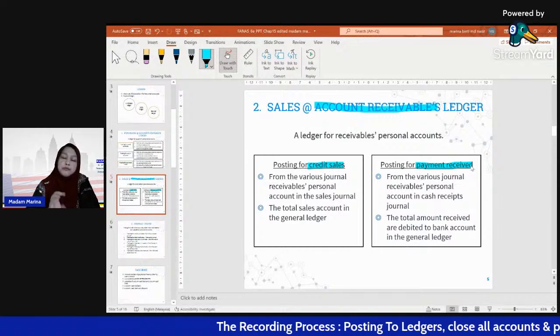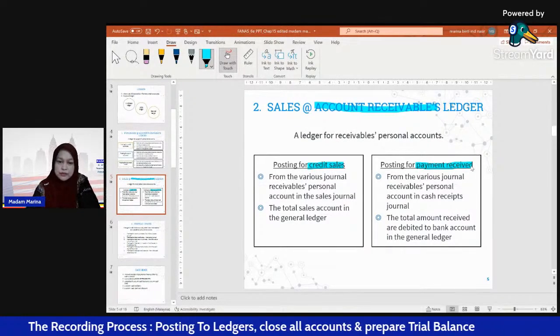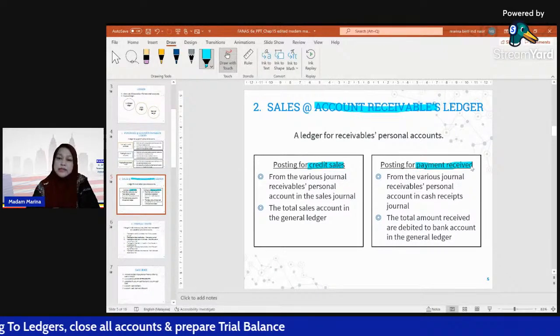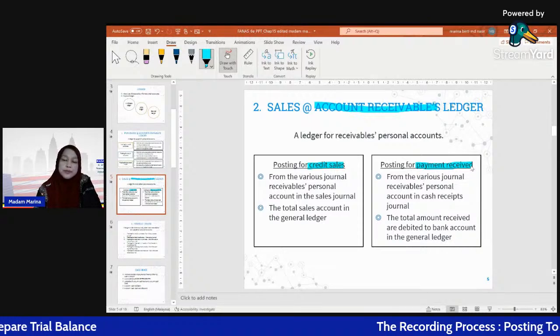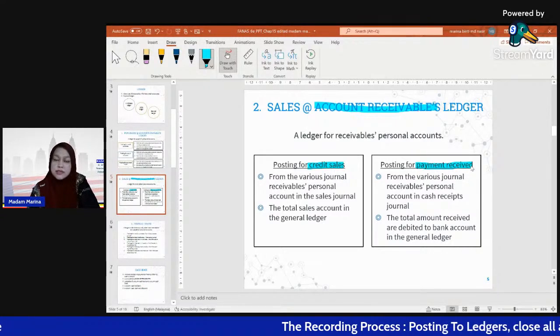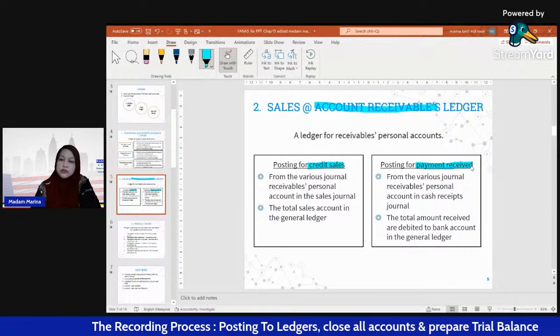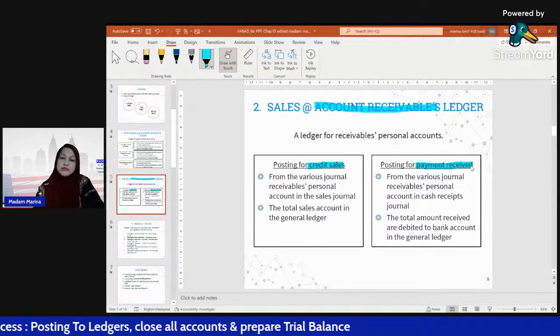Okay, we post to the sales ledger account. Another one, I think, missing here is written in words. Any returns that our account receivable made to us, for example, damaged goods or wrong specification. So our account receivable returns them back to us.